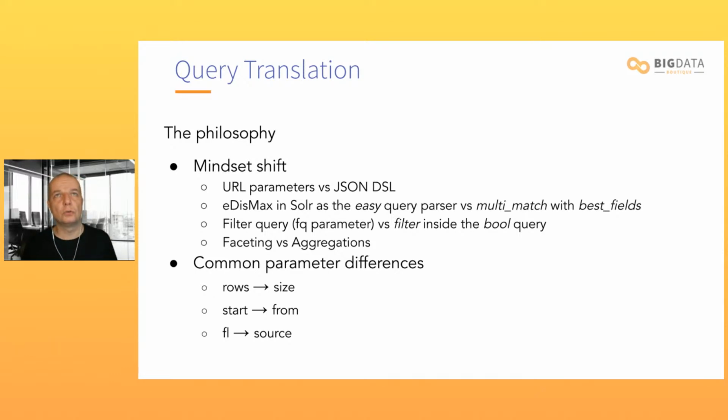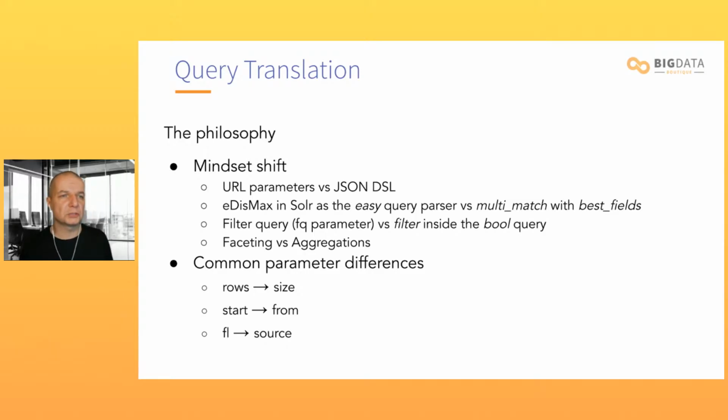We need to shift our mindset when it comes to the queries. That's one of the things we need to remember. So, as we already mentioned, URL versus JSON DSL. The extended DisMax parser in Solr is the one that is easy to use and at least most convenient. You provide the query fields, you provide the query, you forget about it, at least at the beginning. Of course, I'm oversimplifying things here.